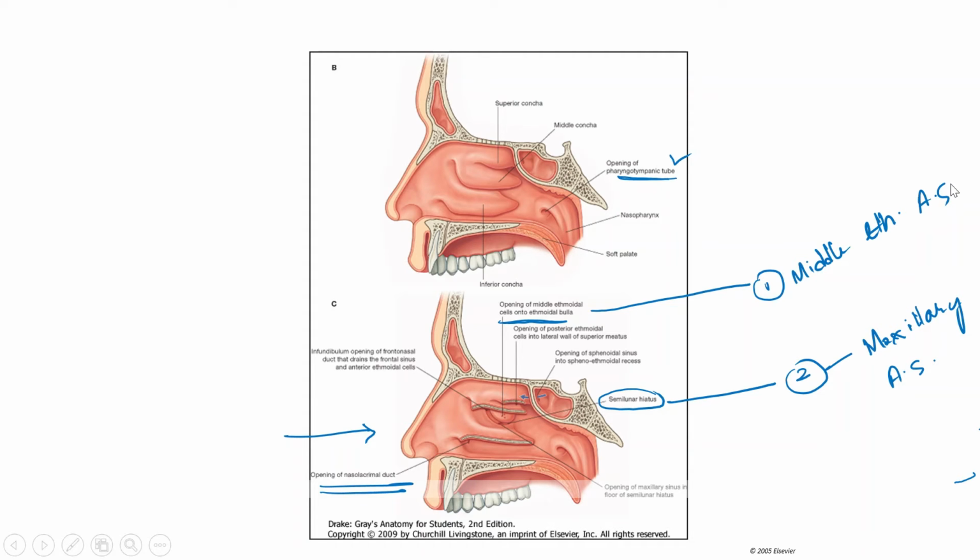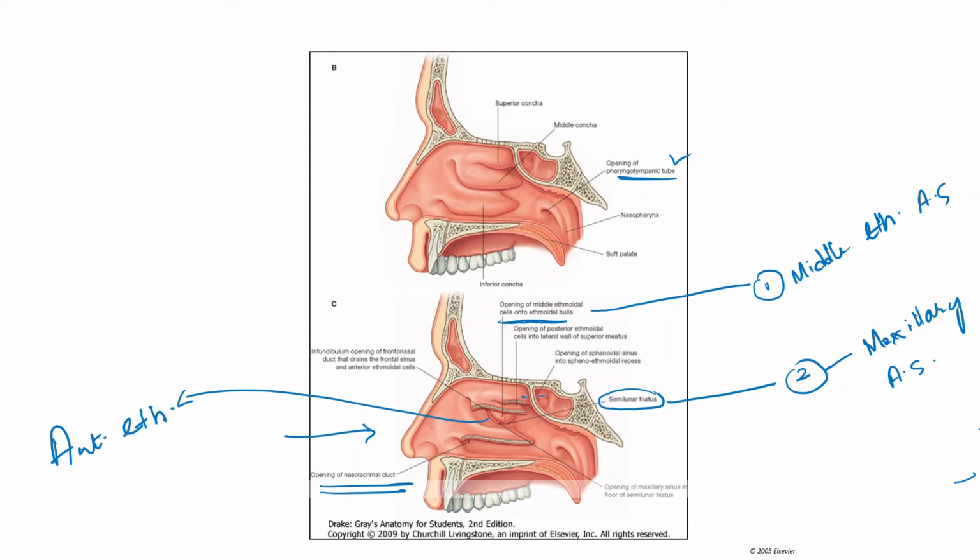The anterior end of the hiatus semilunaris opens into the infundibulum. The infundibulum receives the opening of the anterior ethmoidal air sinus.